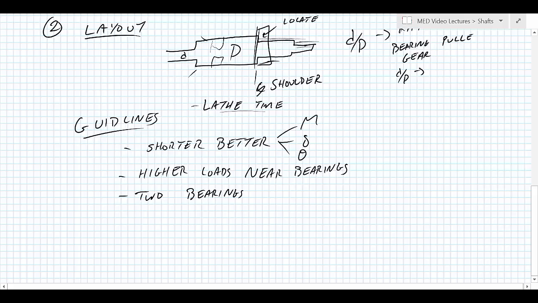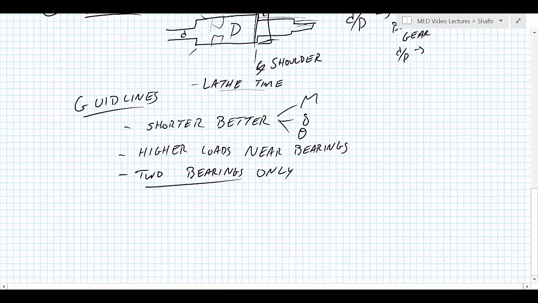Trying to locate through more than 2 circles is overly defined on the shaft. So what that results in is that a very high quality is necessary in order to get 3 perfectly aligned circles. So any amount of probabilistic changes in manufacturing or any sort of discrepancies in that will result in many parts not passing your quality control. So that's why we only need to put 2 bearings on a shaft.